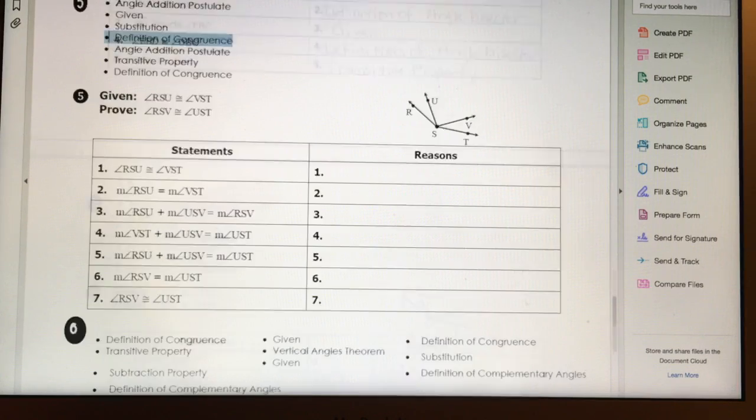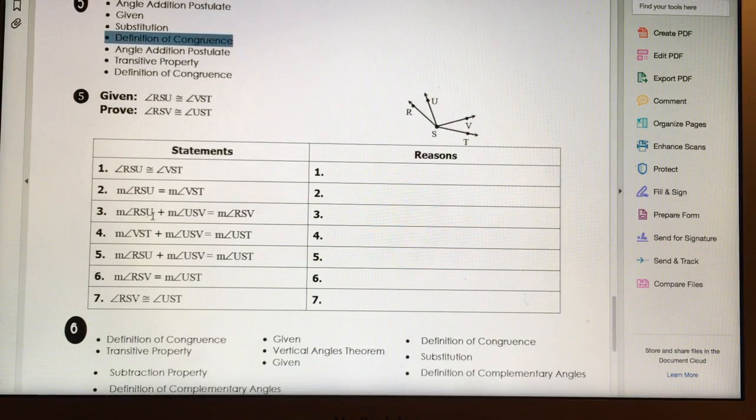All right, so the third step. The measure of angle RSU plus the measure of angle USV equals the measure of angle RSV. So when I first saw this, I thought, okay, it might be addition property just because we have RSU. We still have RSU, but we added a USV.